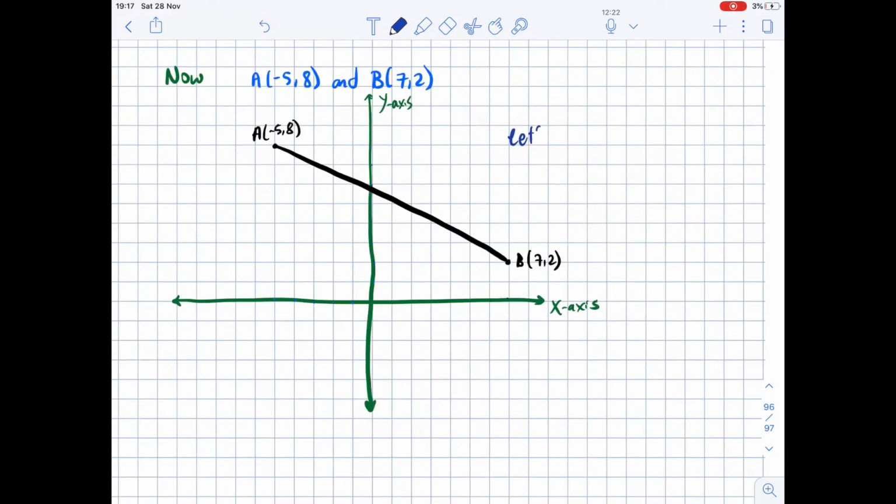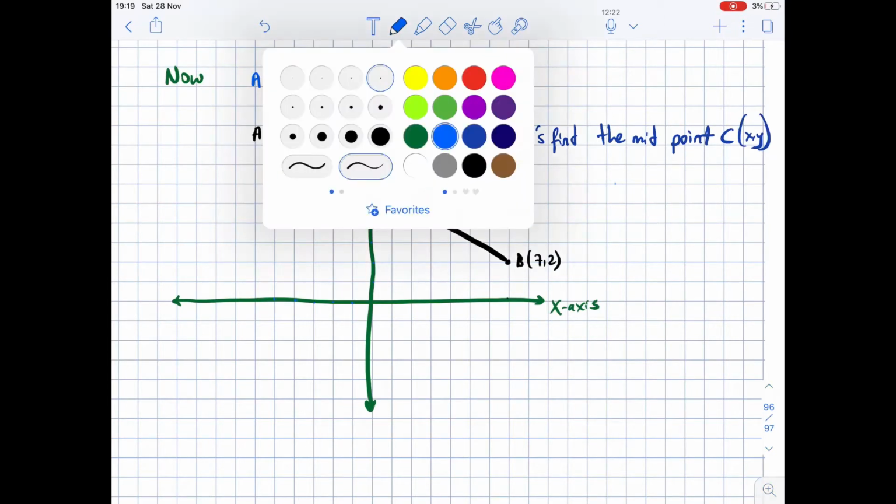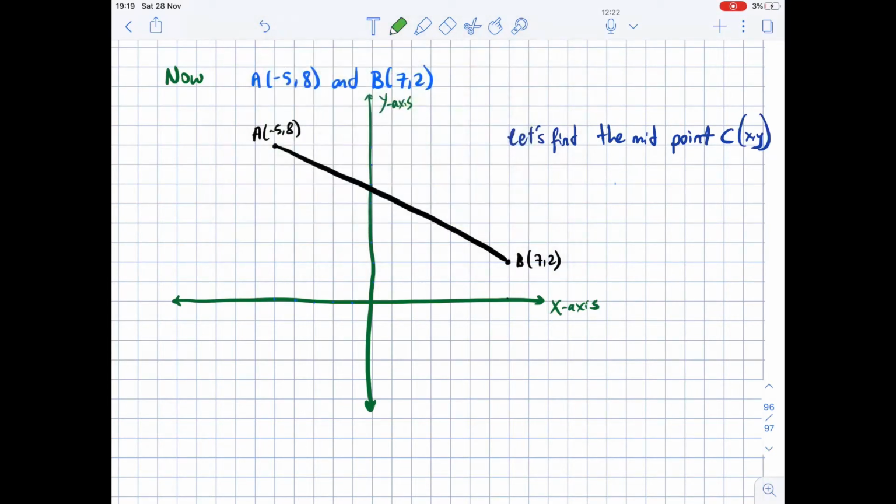Okay, we have an example here. Points A and B make a line segment AB, and we are going to find the midpoint, let's say point C, because the bisector passes through the midpoint. For the x coordinate horizontally, we have 5 units to the left of the y-axis, and to the right of the y-axis we have 7 units. Totally I'm going to have 12 units.